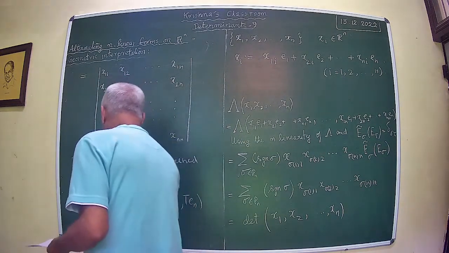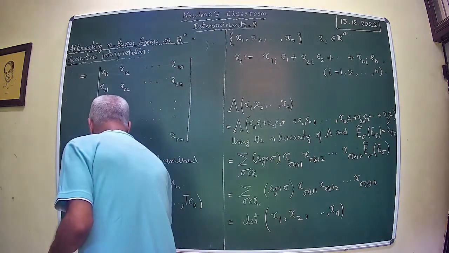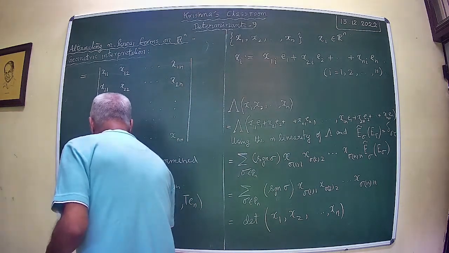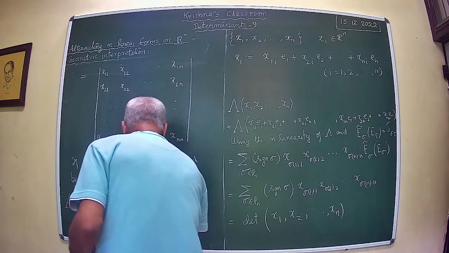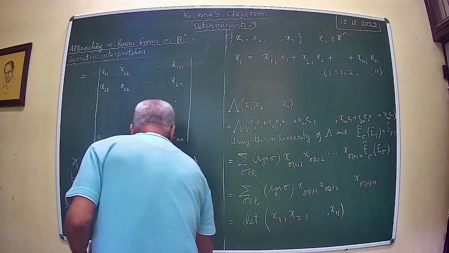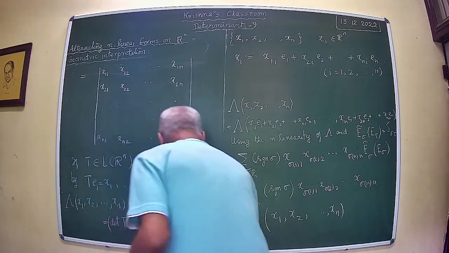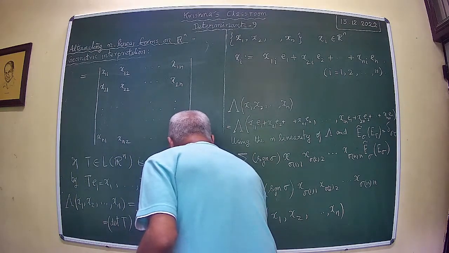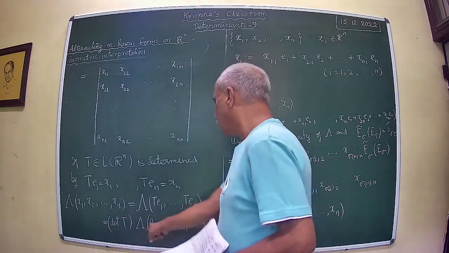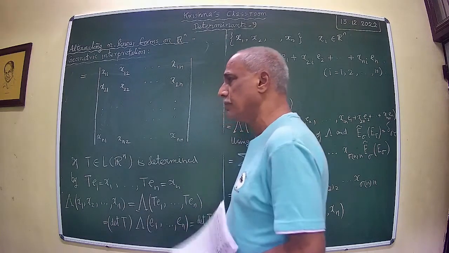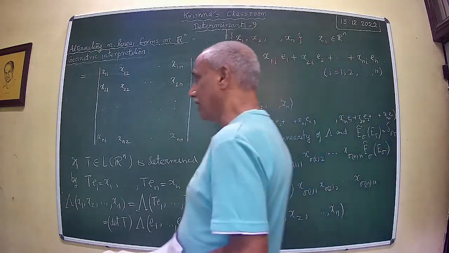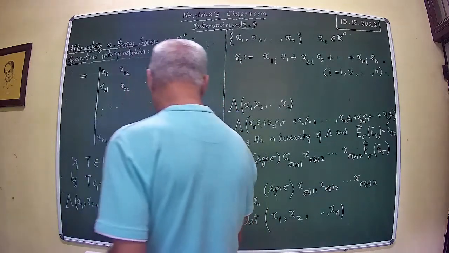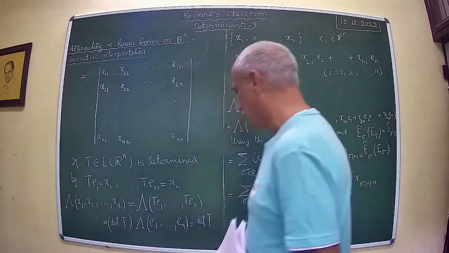This we have already seen is equal to the determinant of T multiplied by lambda of e1, e2, ..., en, which is equal to the determinant of T, because lambda of e1, e2, ..., en is actually lambda of e pi, that is the identity permutation, and that is equal to 1. Therefore you get this.